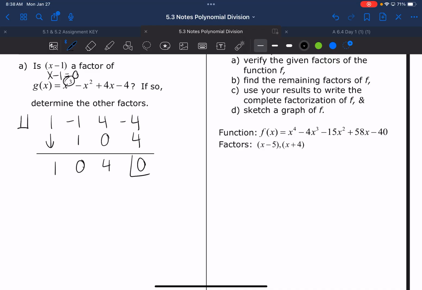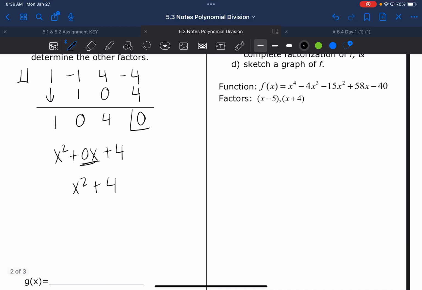We started with a cube, so we're going to start with what for these factors? Square. So I'll have 1x squared, right, plus 0x plus 4, right? Do I need to put 0x in the equation? No. So really, this is just x squared plus 4, right?